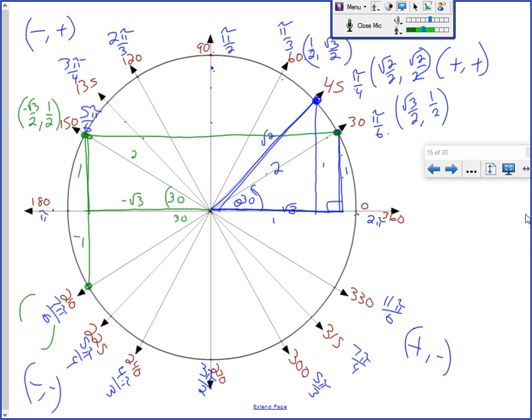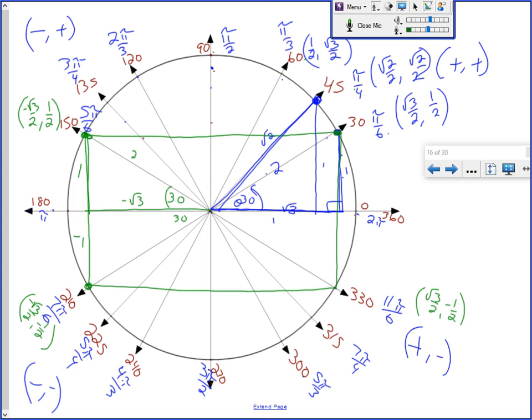Those three triangles just get reflected into the different quadrants, and their positives and negatives just switch. So here you get negative root 3 over 2, negative 1/2. If I moved it over here, I'd have root 3 over 2 and negative 1/2. And it goes around. It works for all ordered pairs.